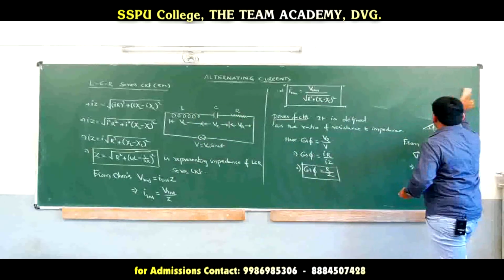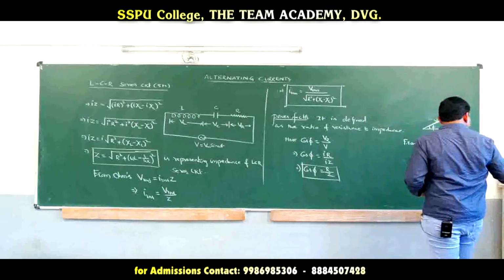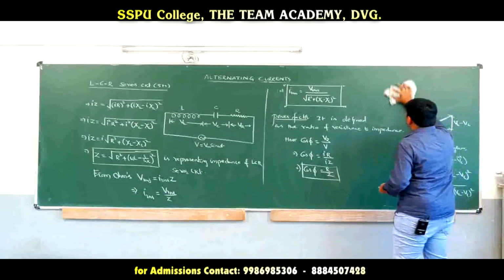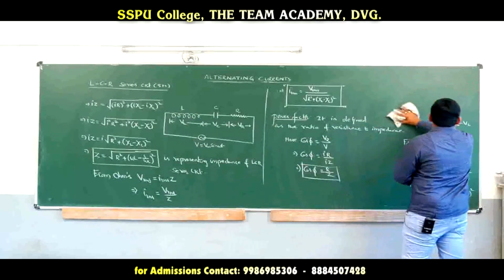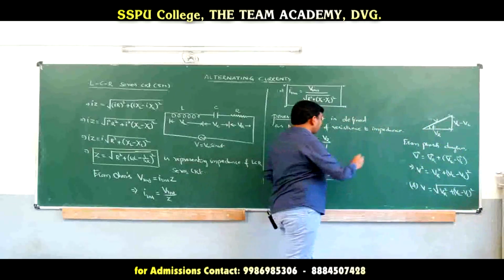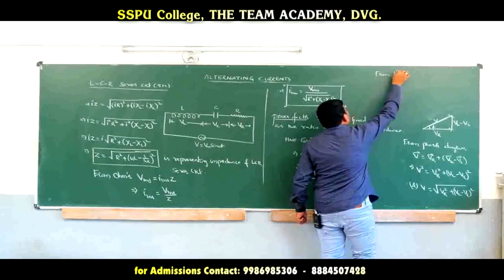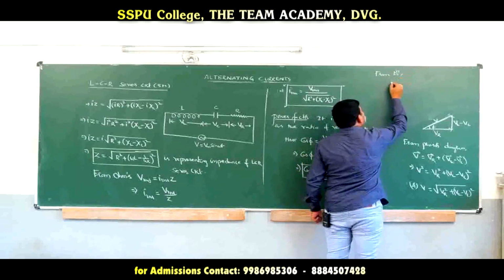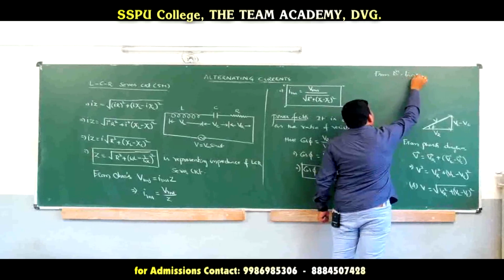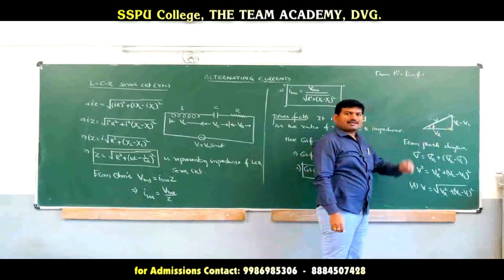Now, from this diagram, once again from this right angle triangle, I can take the value of tan phi. Yes or no? From the right angle triangle, tan phi is equal to opposite side divided by adjacent side.